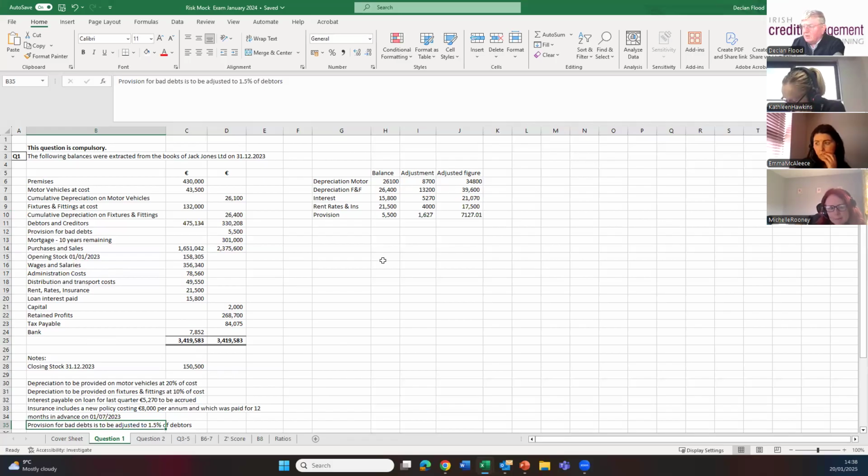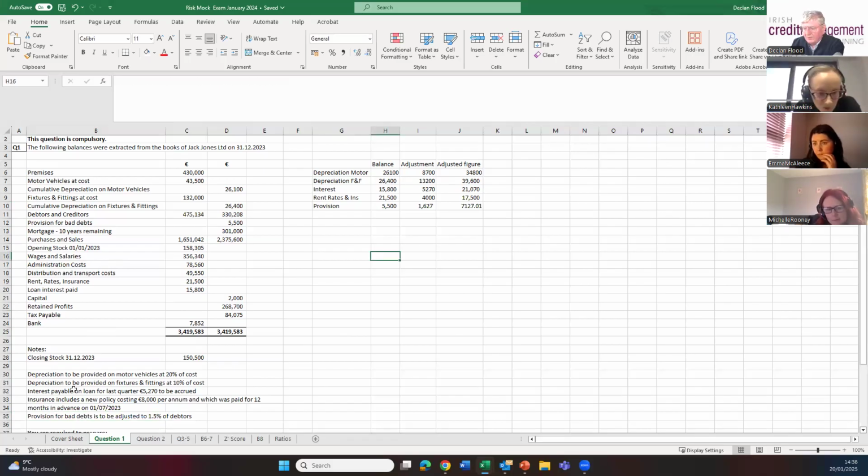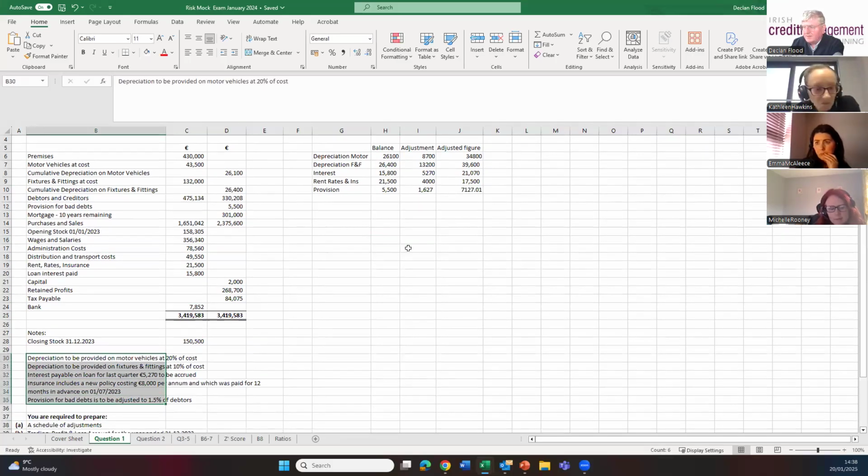So when it comes to adjustments, there's your 5 lines of adjustments. That's all. We don't want you to get into debits and credits and pluses and minuses and all that kind of nonsense, because we know you're not an accountant and you don't want to be. Just understand that's the figure that's in the P&L account, and that's the adjustment I need to make so the accounts are correct and I get a correct profit figure for the year. So this is the adjusted figure.